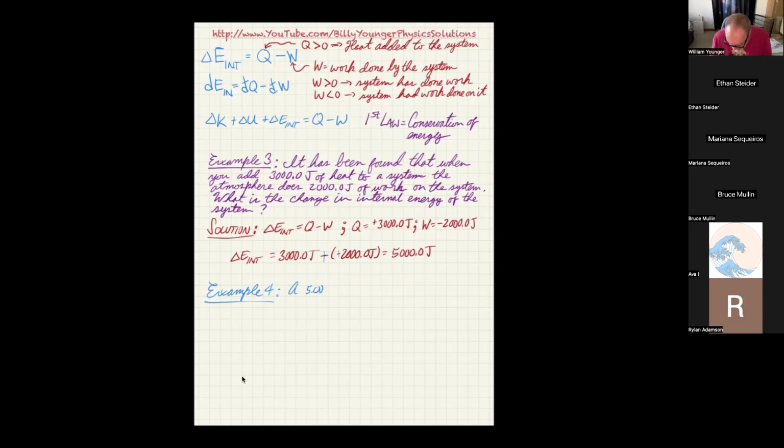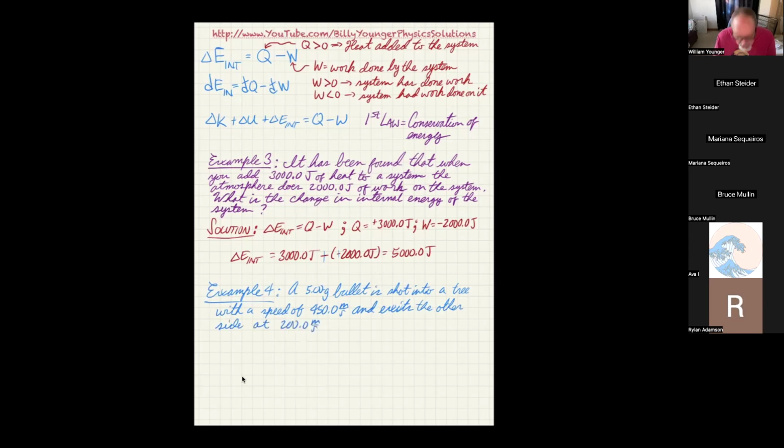A 5.00 gram bullet is shot into a tree with a speed of 450.0 meters per second and exits the other side at 200.0 meters per second.